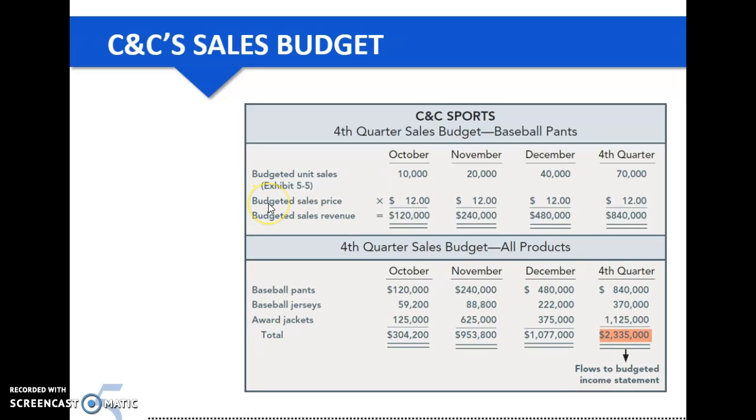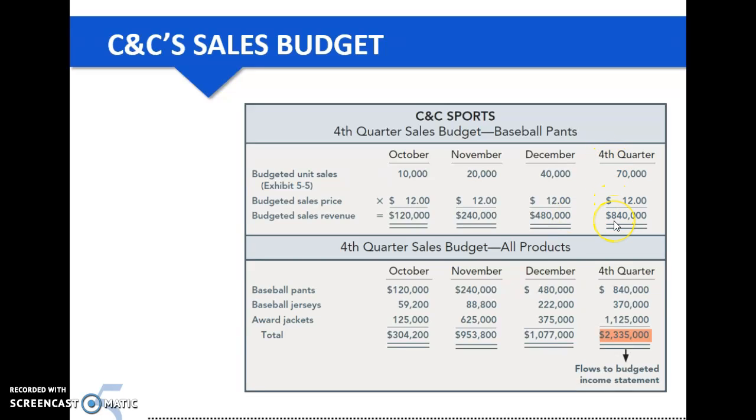Now you have to multiply this with the selling price. The selling price will be the same because this is for a particular product, which is baseball pants, which is $12. So you would put $12 under each of the months, and you will arrive at the budgeted sales revenue for each month by multiplying the units sold with the selling price. As you can see, for the first month you have $120,000 and so on until December.